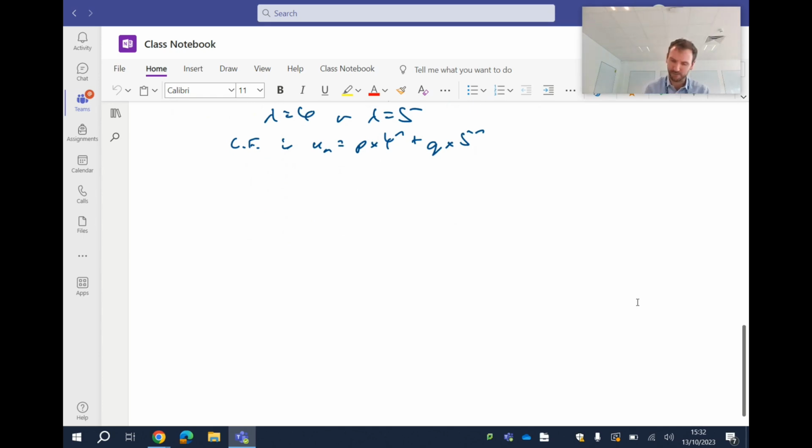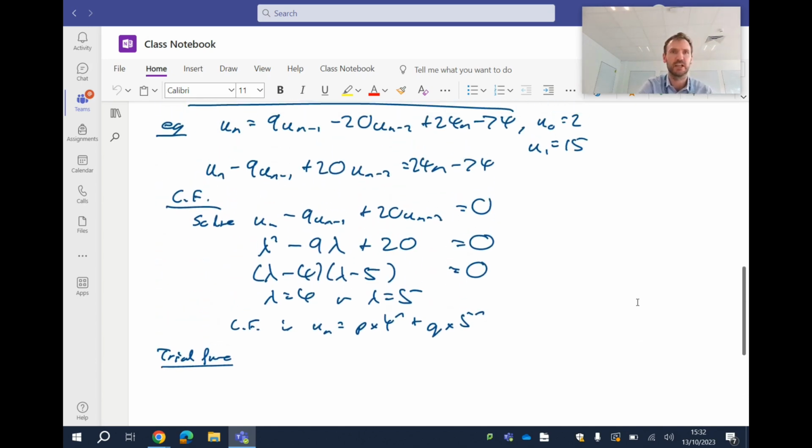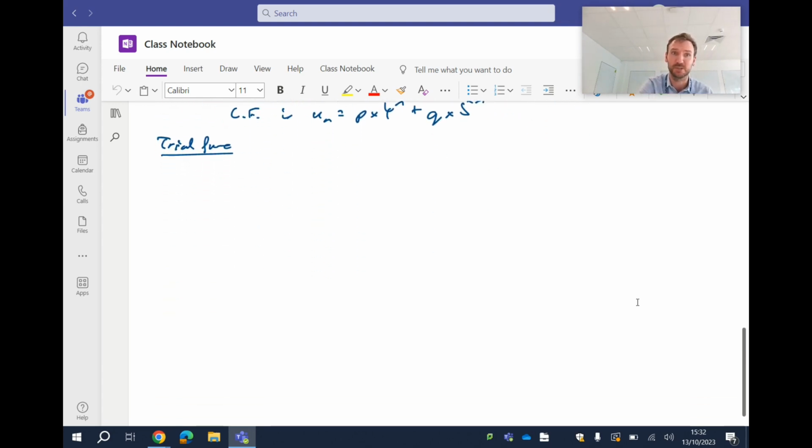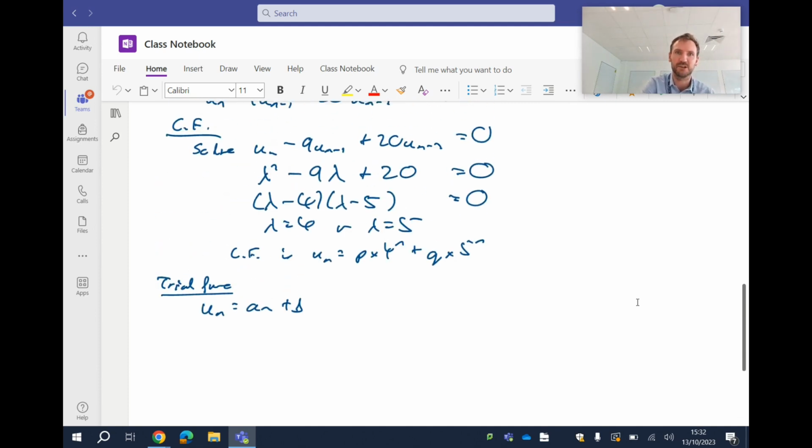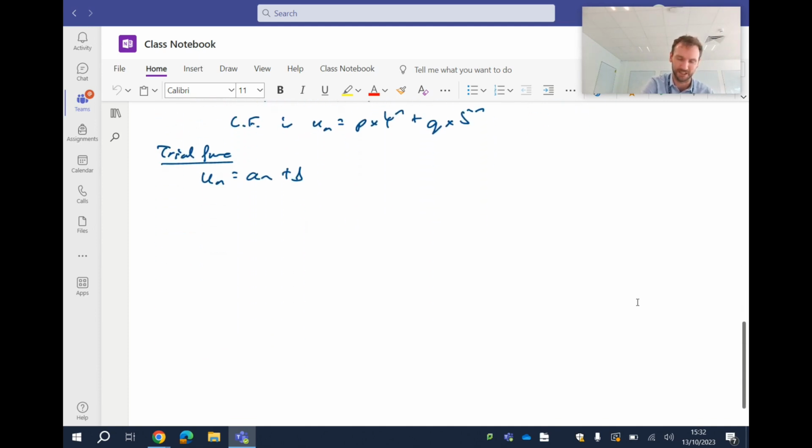Okay, now we need to do the child function bit, but this is going to be nothing new at all. This is going to be mimicking what we did in our first order cases. We've got a linear function on our side, so we're going to guess the most general linear function possible. Let's make our child function u_n equals an plus b and just substitute it into that original equation we had.